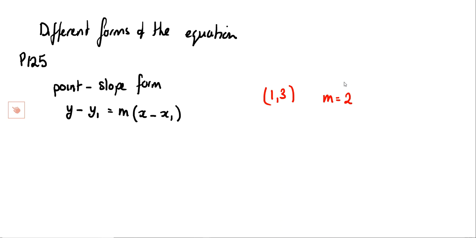After 1 minute, there's 3% charge. That's what that point means. 1 minute, 3%. What would it be after 2 minutes? 5%. Every 1 minute goes up 2. So that would be another point.